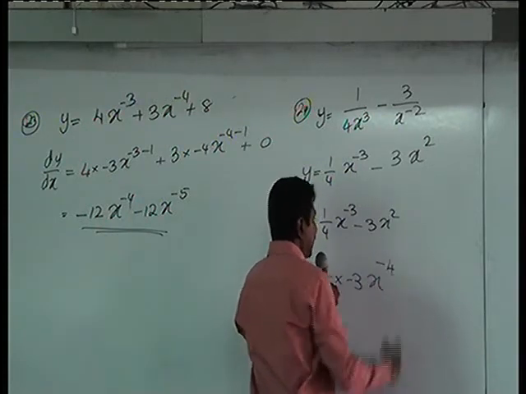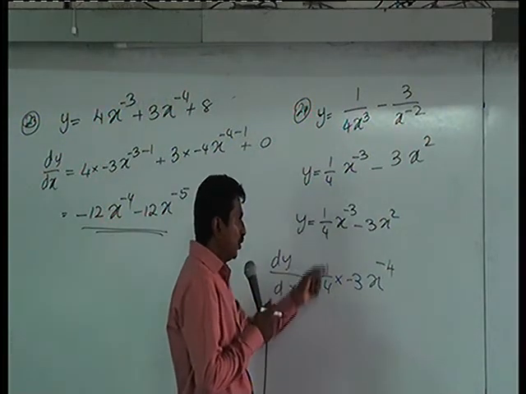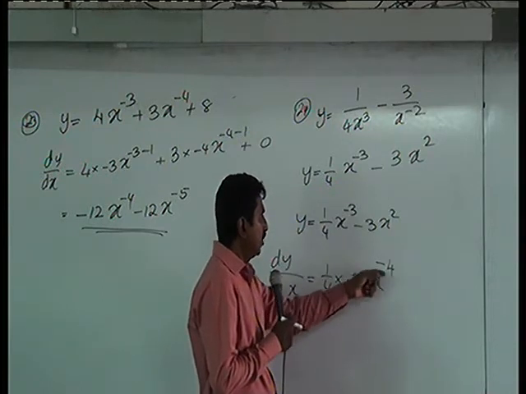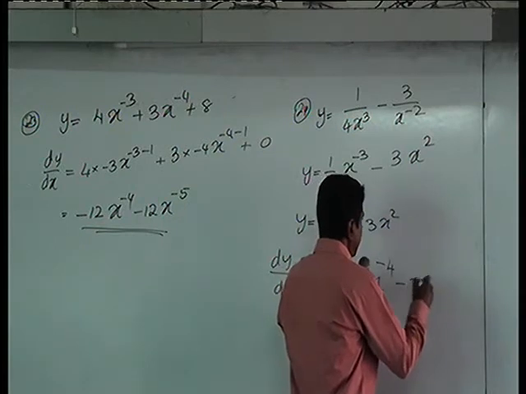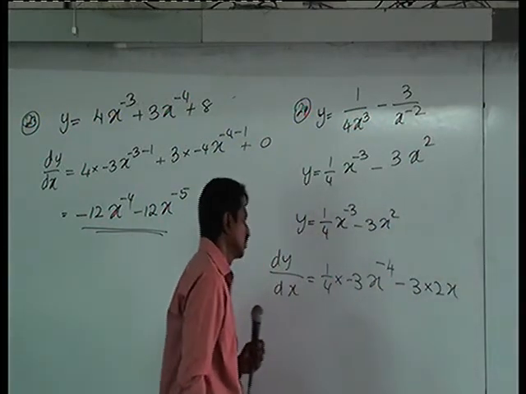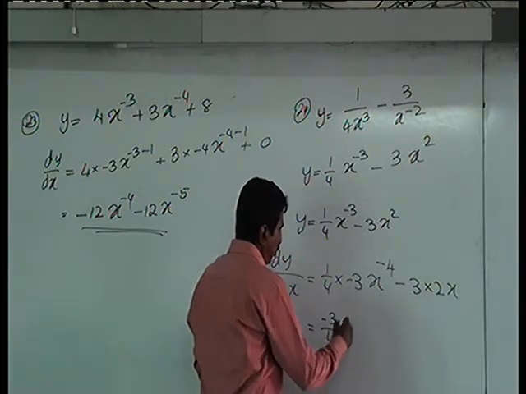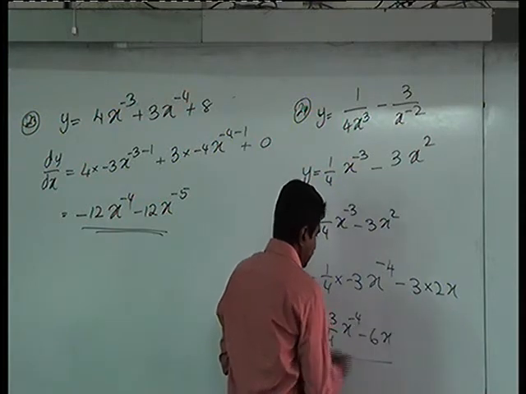I will straight away write minus 4. 1 over 4 minus 3 x to the power minus 4, minus 3 into 2 x to the power 1. So this is equal to minus 3 over 4 x to the power minus 4 minus 6x.